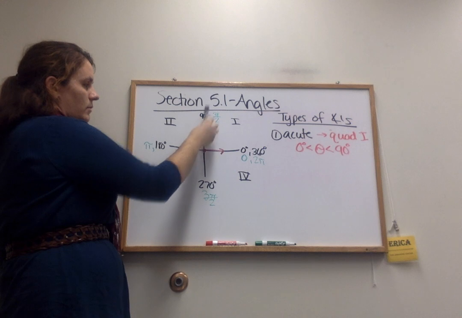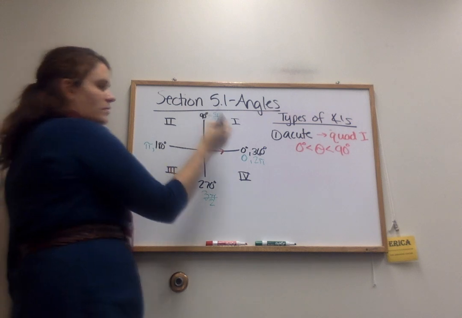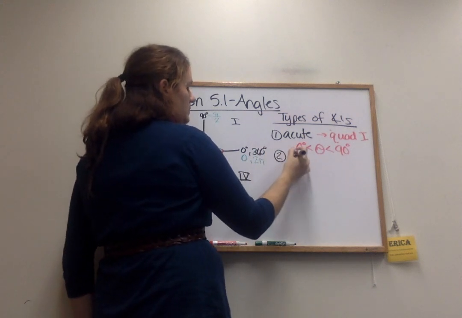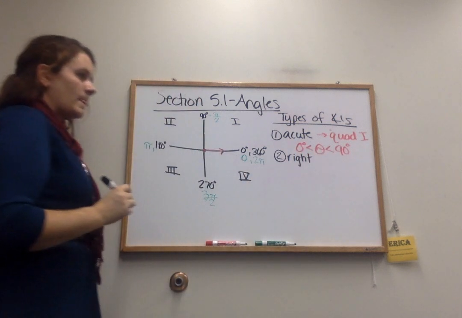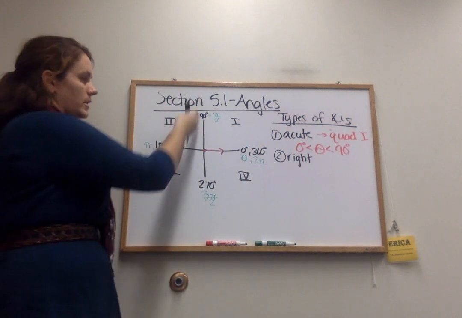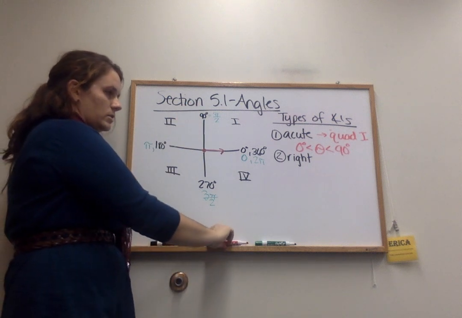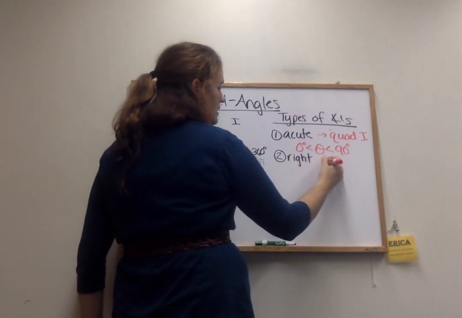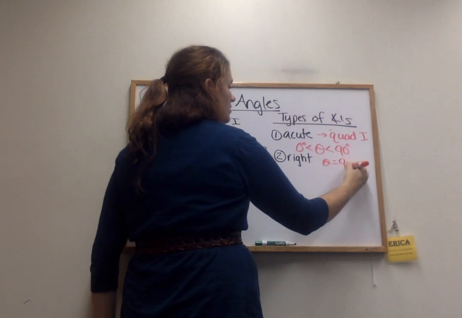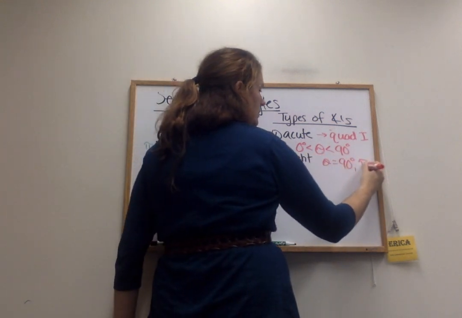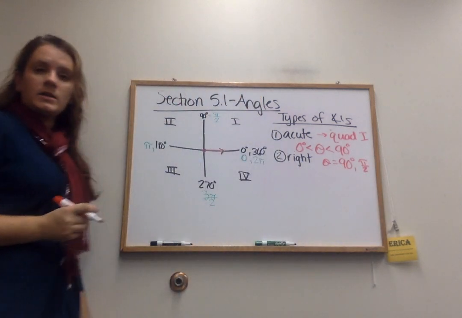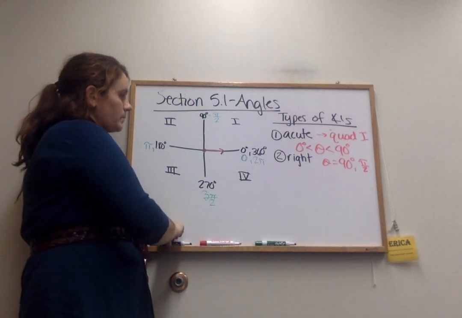So that's our first kind, anything in the first quadrant. Once we get to our first quadrantal angle, that is specifically called a right angle. It doesn't fall in a quadrant, it's literally between 2 quadrants. And in that case, theta is equal to exactly 90 degrees, or pi over 2, if we want to talk about radians as opposed to degrees.